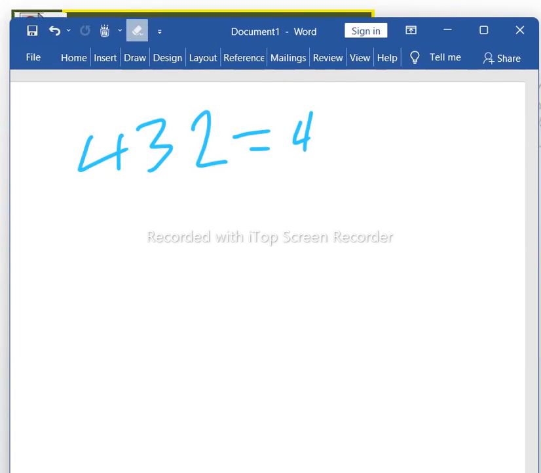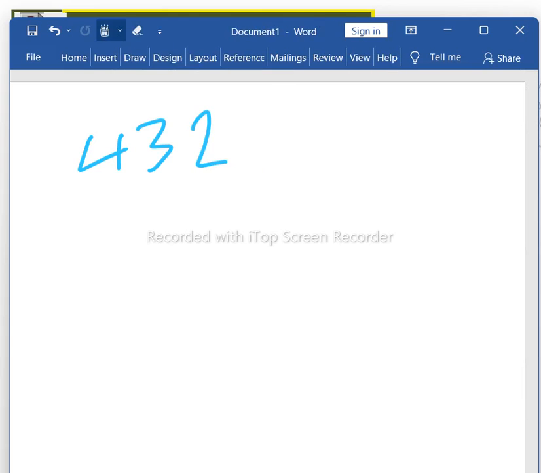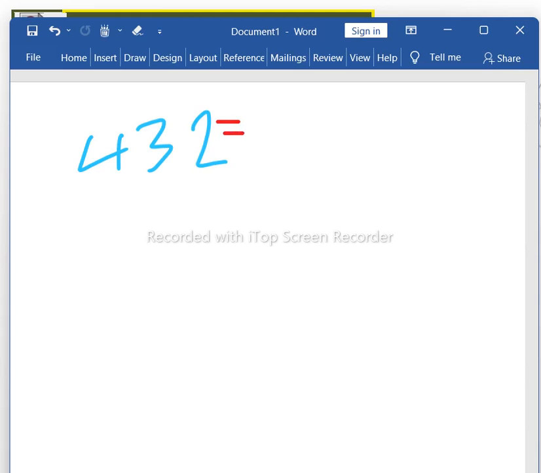So for example, if you take this, the last digit of this number is 2, so this number is not divisible by 5, because the last digit must be 5 or 0.